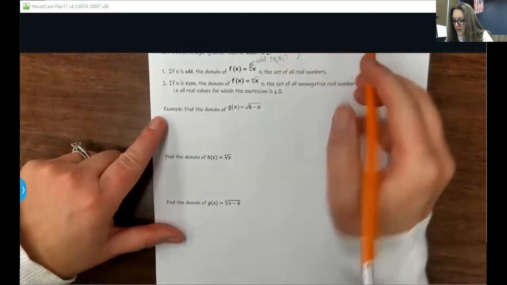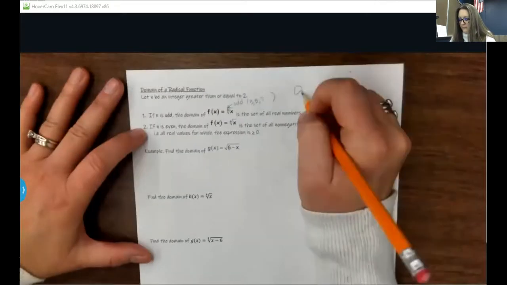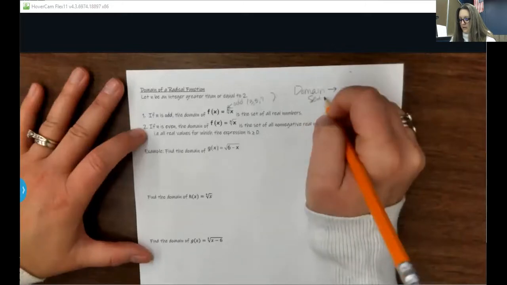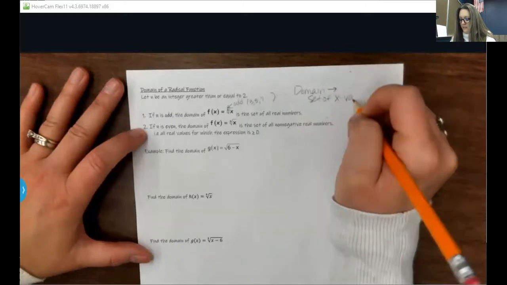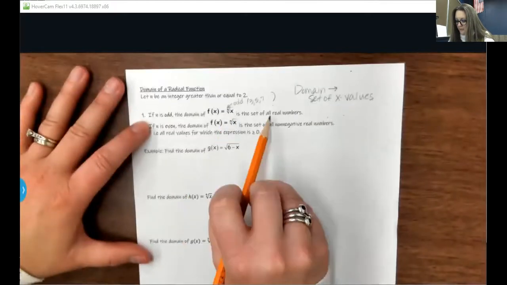Then your domain, remember what domain is. Domain is your set of x values. I'm going to write that here. Your set of x values. If n is odd, then your domain is the set of all real numbers.